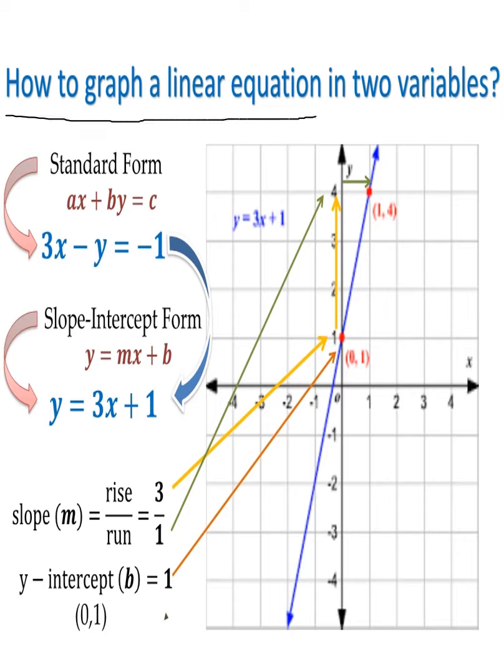Now, our main intention is how to graph a linear equation in two variables. In class 9, we have already learned how to draw a graph for a given linear equation in two variables. We are just extending that.